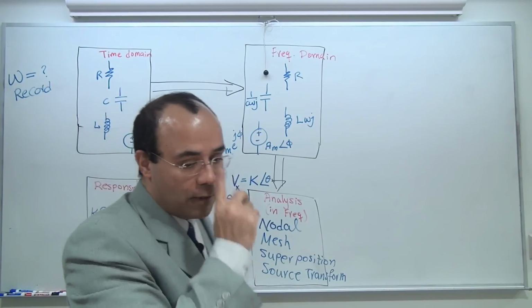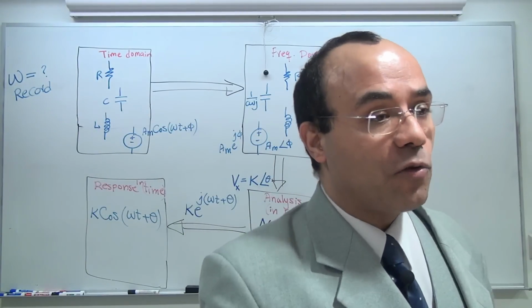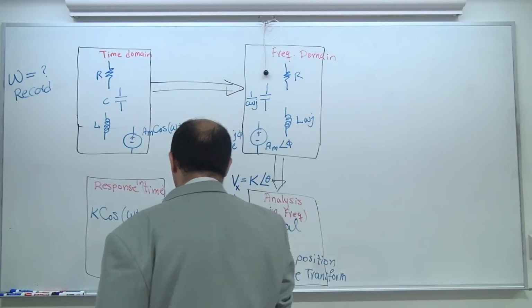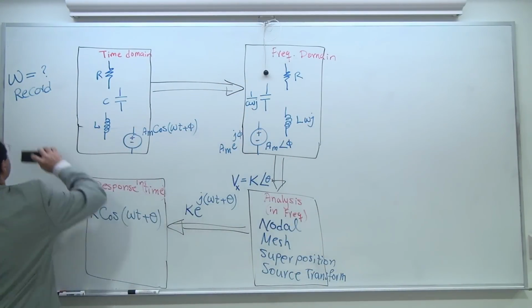Now what I'm going to do in the remaining part, I'm going to go in and solve a couple of questions so that everybody feels very comfortable with what we are trying to achieve. Okay?